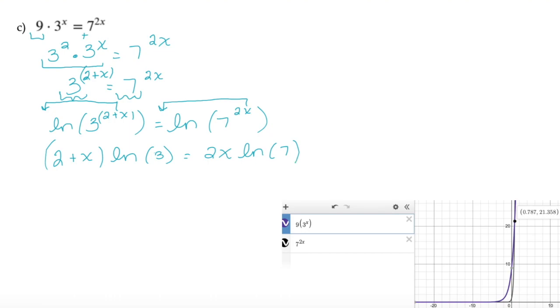I can go ahead now and distribute the natural log through to my binomial so we can eliminate the parentheses. So 2 times the natural log of 3 plus x times the natural log of 3 equals 2x natural log of 7.